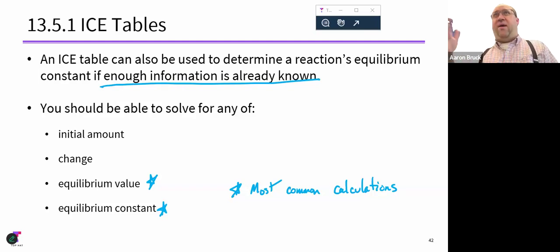And again, calling back to lab yesterday, that's what we were being asked to do: use the information that we had acquired to solve the ice table itself, and then use the results of that ice table to solve for K.